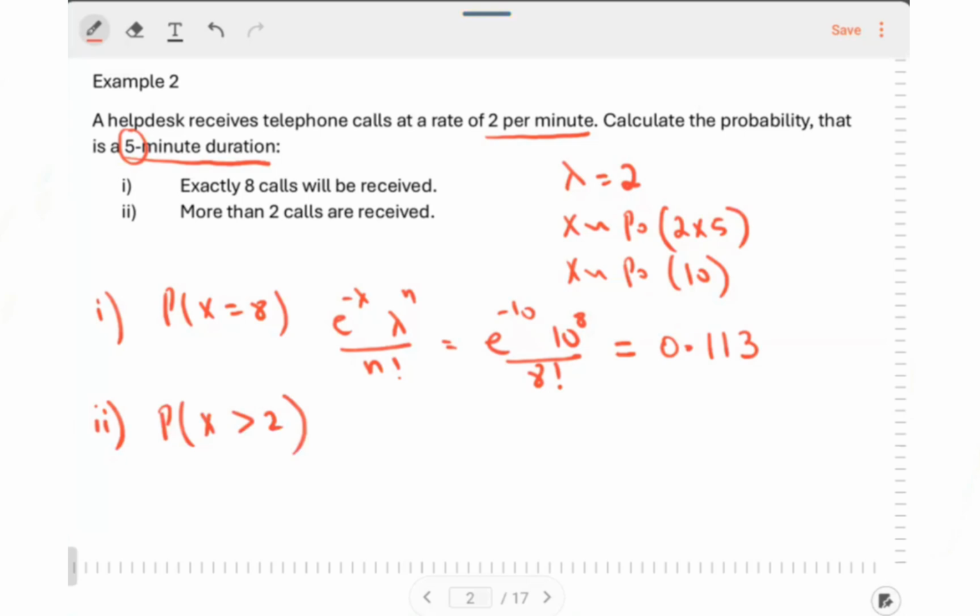More than 2 calls means probability of X is greater than 2. Greater than 2 is same as 1 minus probability of 0, probability of 1 and probability of 2.